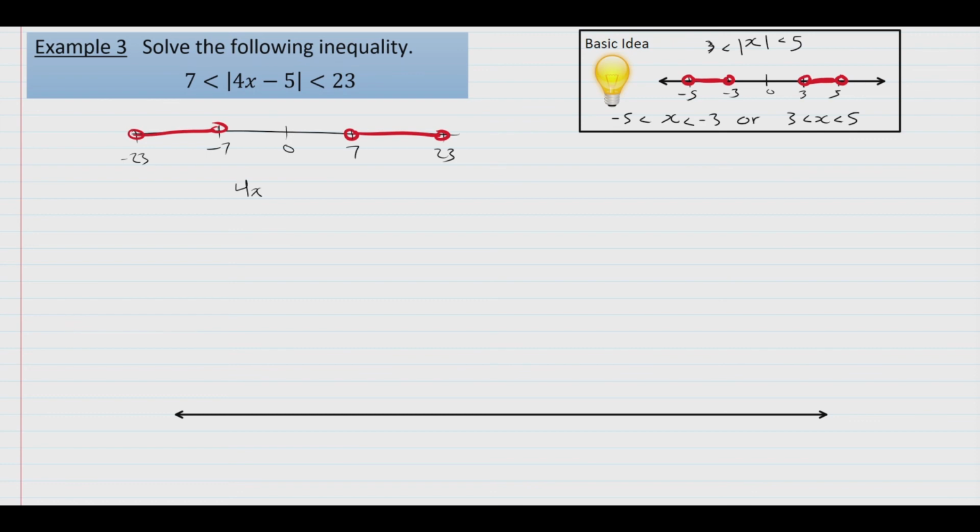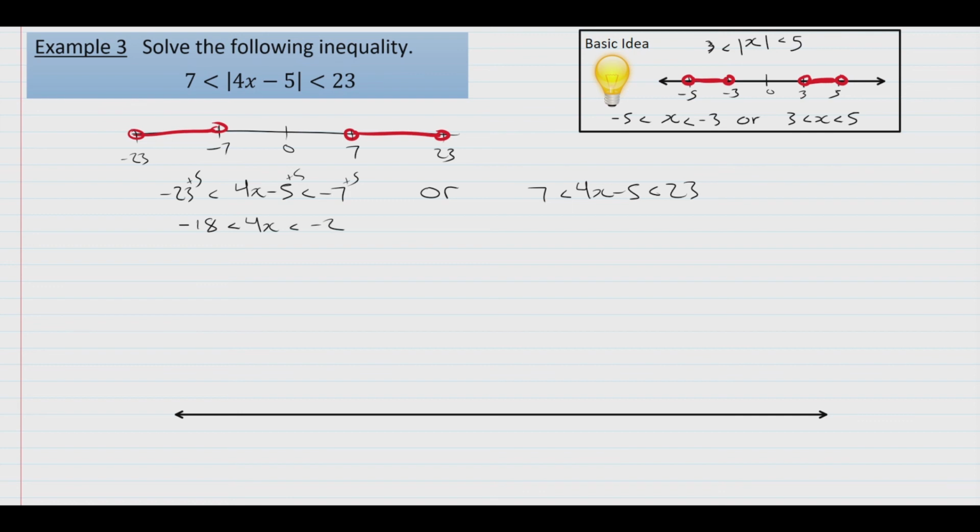We could either have 4x minus 5 falling between negative 23 and negative 7, or we could have 4x minus 5 falling between 7 and 23. And we'll solve each one separately, just like we did in the last example. So on the left here, 4x minus 5 is between negative 23 and negative 7. We'll add 5 to all sides of this, leaving us with negative 18 is less than 4x, which is less than negative 2.